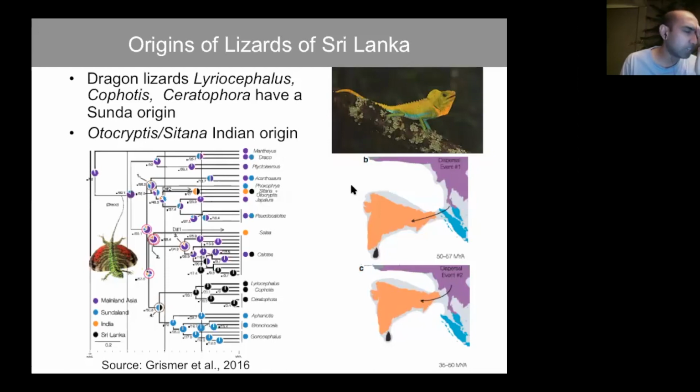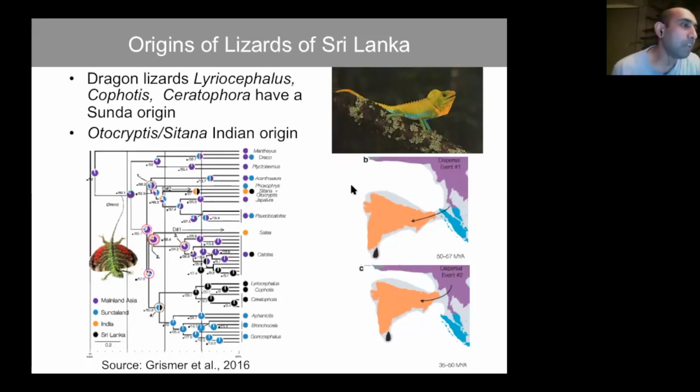So when I say a Sunda origin, it most likely suggests that they have an origin from the Sunda Islands, including the islands of Sumatra, Borneo, and Java. So those are the Sunda Islands, including the southern Thai-Malay Peninsula. So those are the Sunda regions.